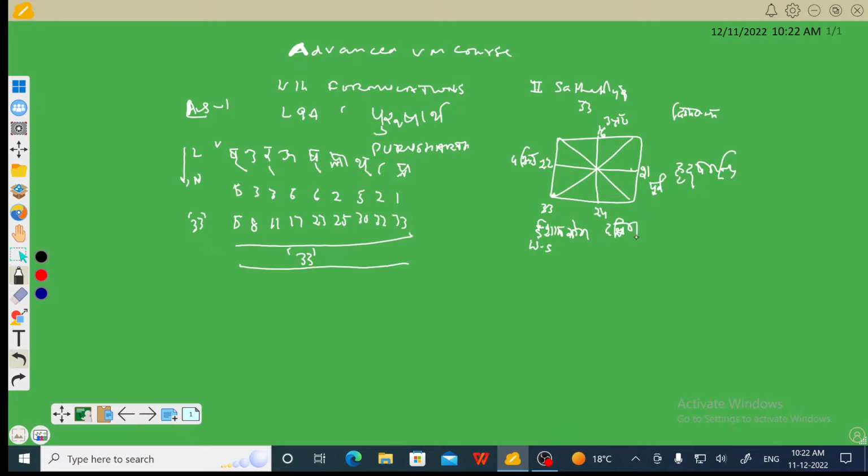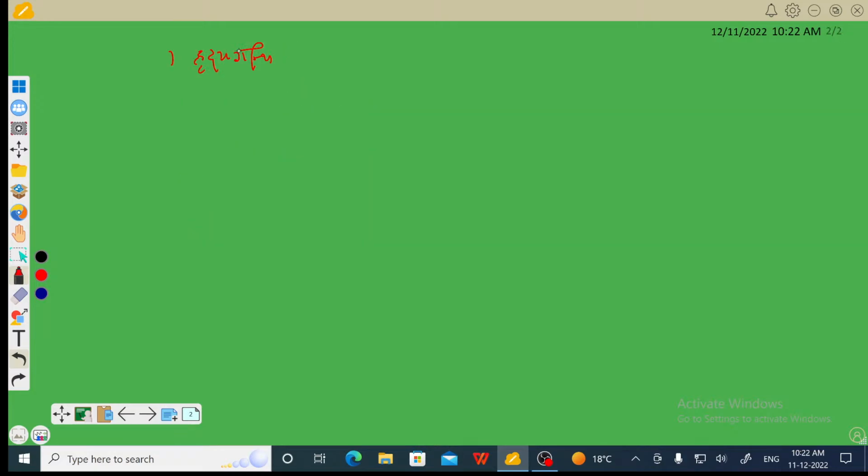So first formulation was Hirde Granthi, value 21 plus 22 from Purv, east, to Paschim. This was the Sthapatya.